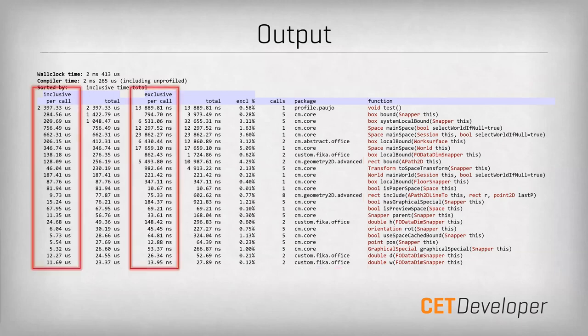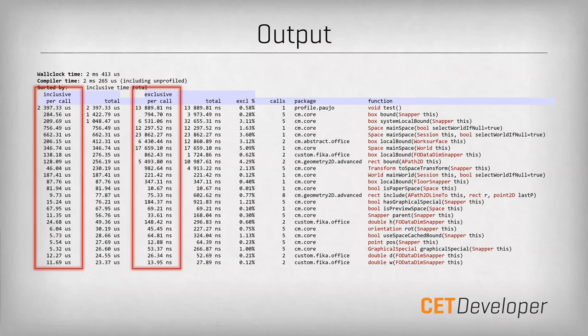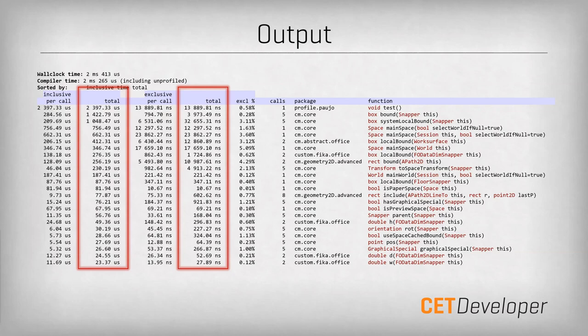We have these two columns for per call time. The profiler does track the fact that these functions are possibly called multiple times, and these per call columns show you how long on average those functions took to execute each time. Whereas next to them is how long in total those functions were running or executing.